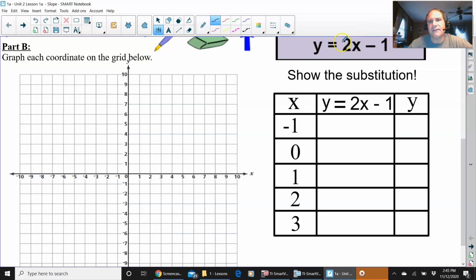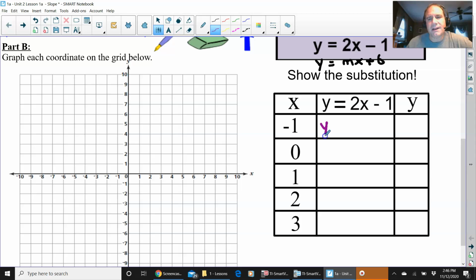And we have y equals mx plus b, which is the equation of any line. We'll learn more about that later, where the m stands for the slope and the b stands for the y-intercept. But just for now, we are going to substitute the given x into this equation.